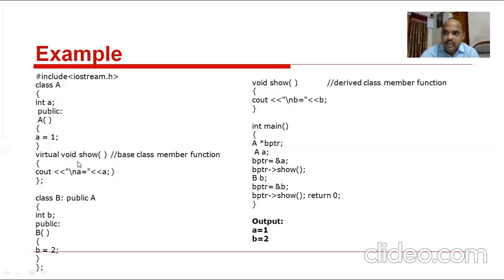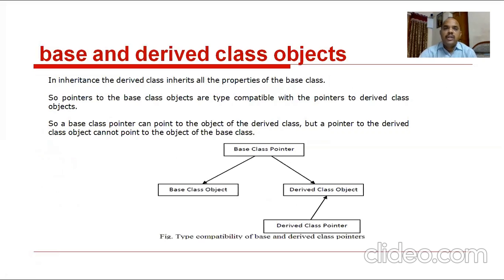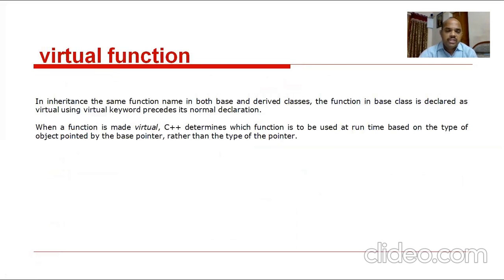So when a function is made virtual, C++ determines which function is to be used at runtime, based on the type of object pointed by the base class pointer rather than the type of the pointer. Clear all of you? This is virtual function.